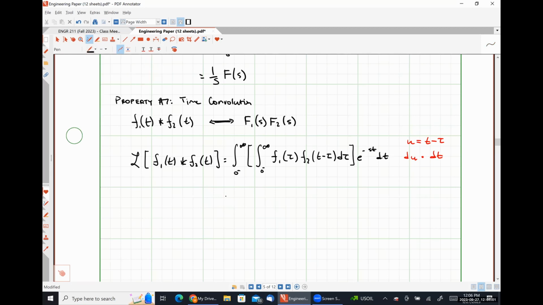So, making this substitution, our integral is going to look like the integral from 0 minus to infinity of the integral from 0 minus to infinity of f1 of tau times f2 of u d tau, e to the negative s of u plus tau.